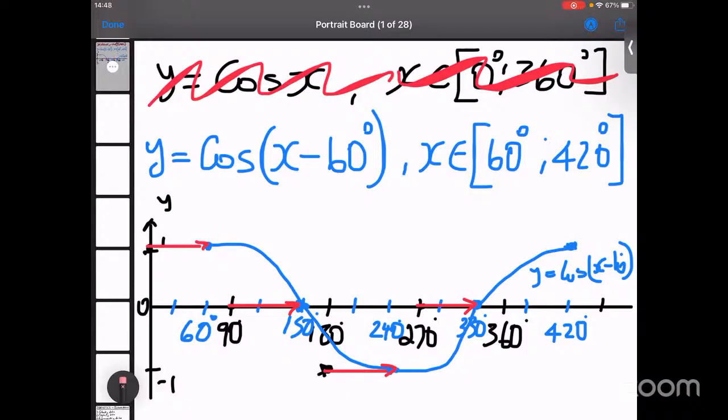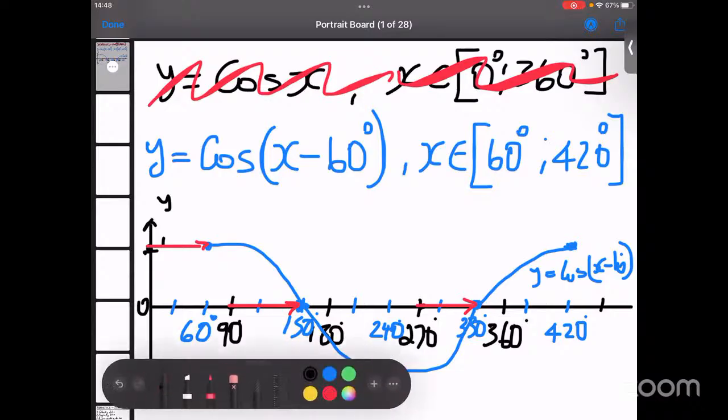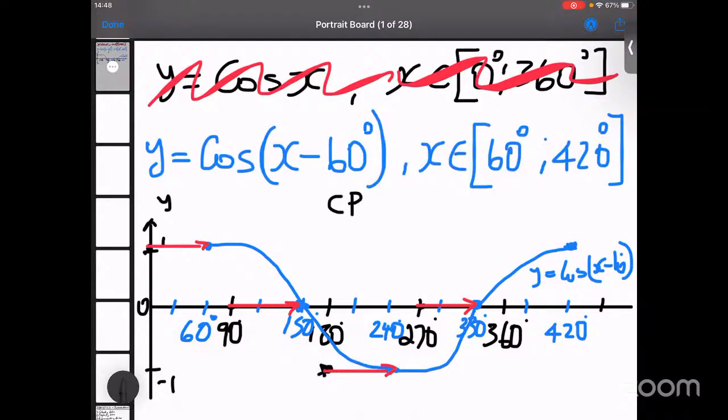So that means you would still have to find the critical point, which, depending on the type of function, would be 360 divided by 4, and that gives you 90. Can you see?